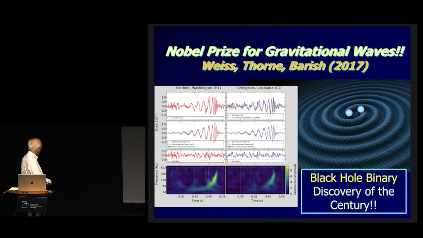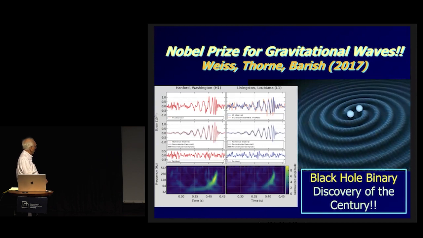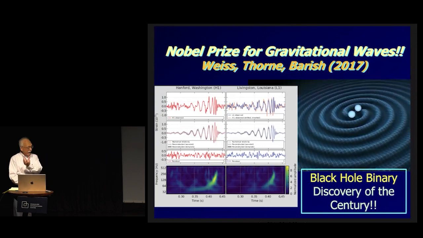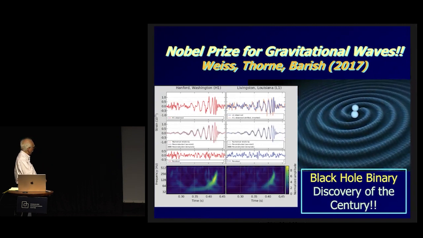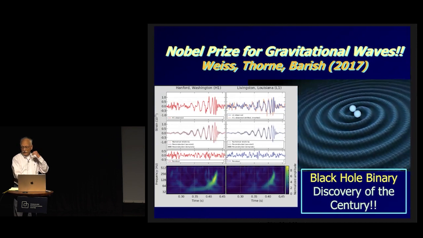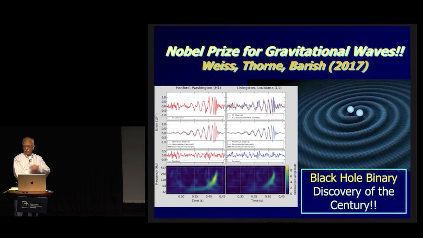Here it is. This is the frequency of the signal versus time. Over a fraction of a second, it produced a signal that started at low frequencies, near the limit of what we can hear with our ears, and went up to 500 hertz, which is beautifully in the middle of what our ear likes to hear.